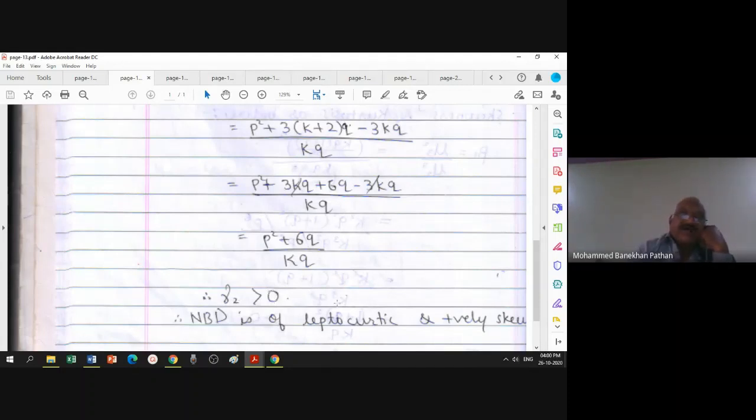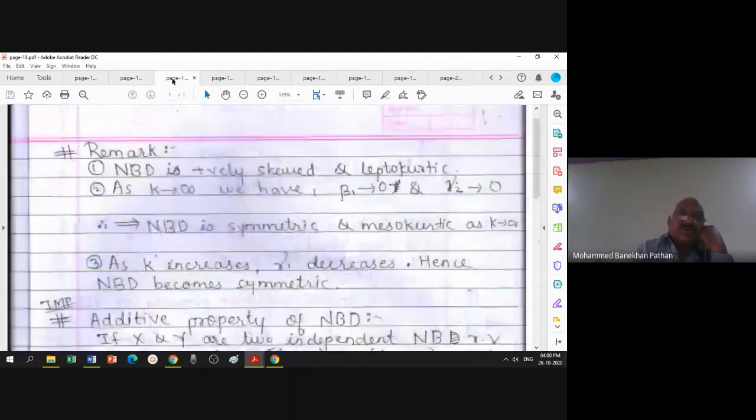And that is why from first year knowledge, if beta 1 is 0, gamma 2 is 0, then we say the distribution is symmetric. So this is also one of the remarks that you have to remember for multiple choice question. As number of success become large, NBD become what type of distribution?